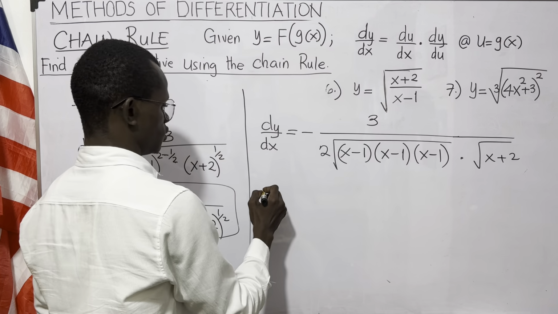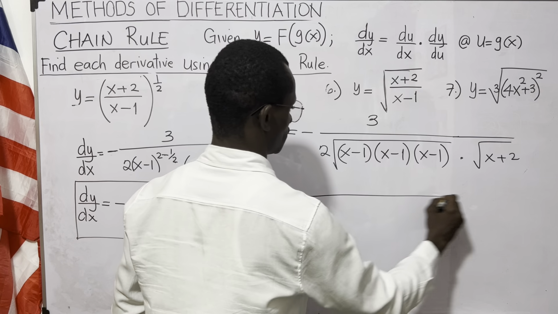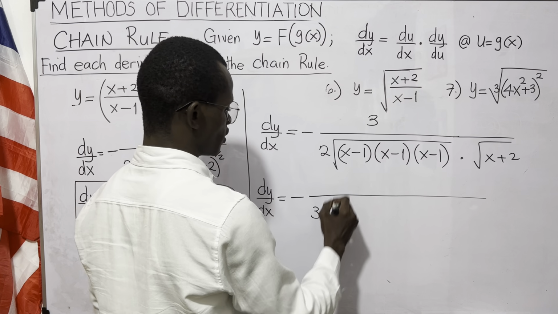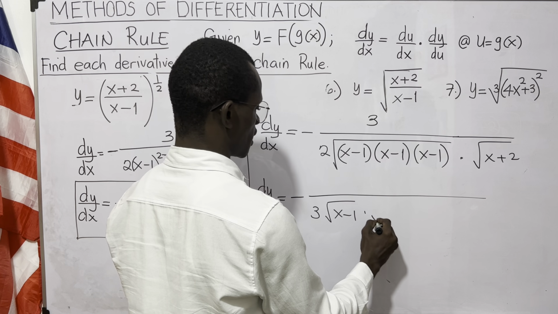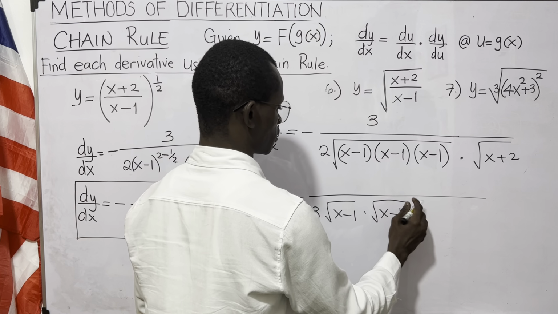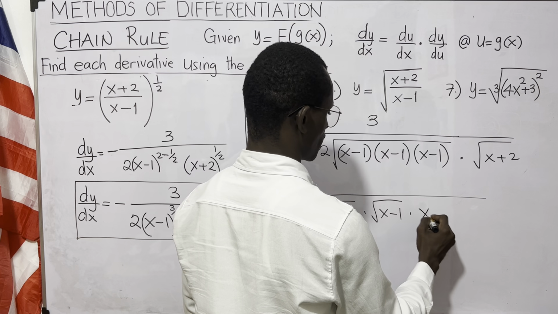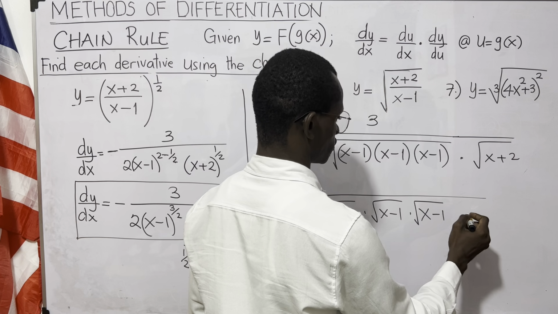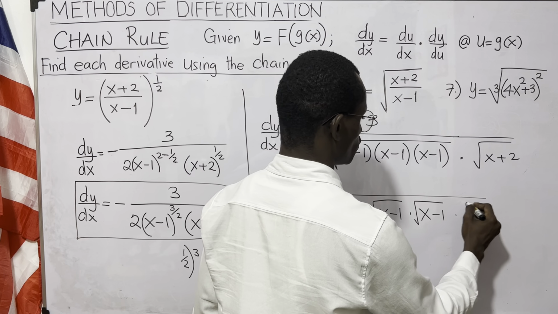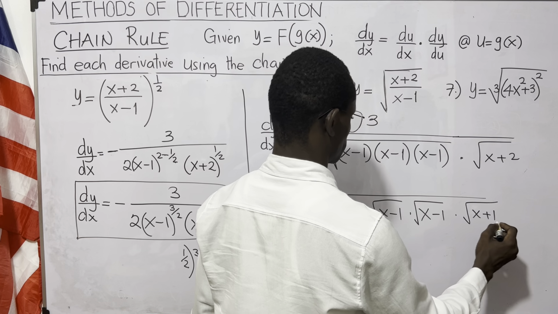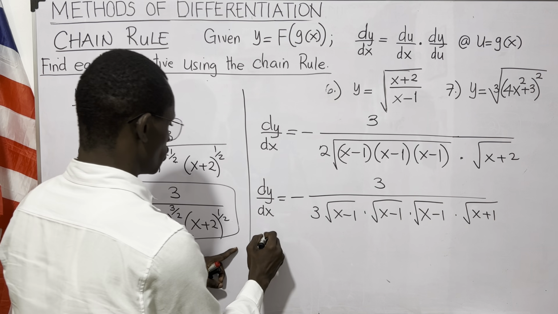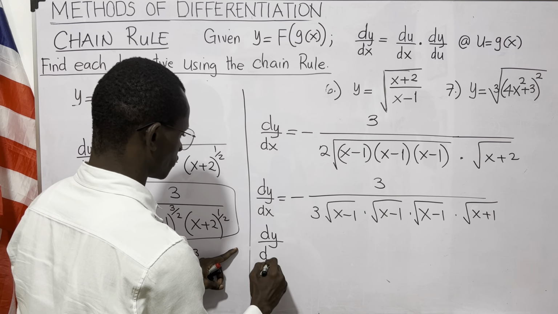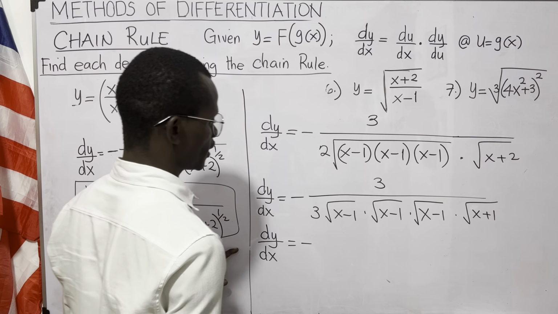So we have dy/dx is equal to negative 3. Now we can take the square root of each factor: (x − 1) times (x − 1) times (x − 1) times the root of (x + 1). So dy/dx is just equal to negative.